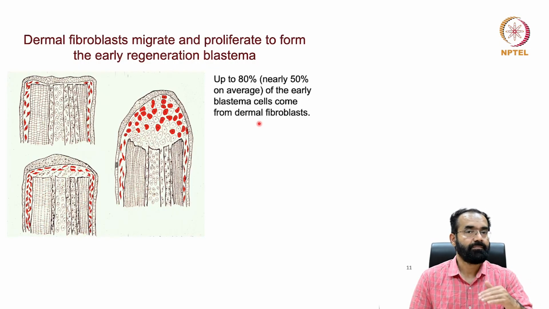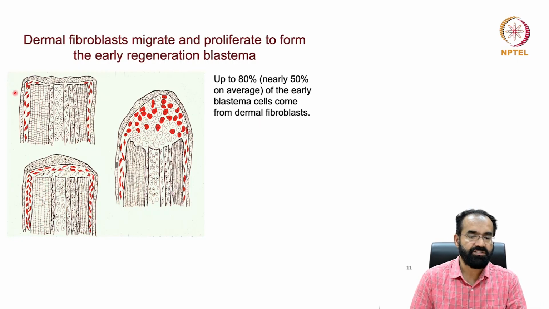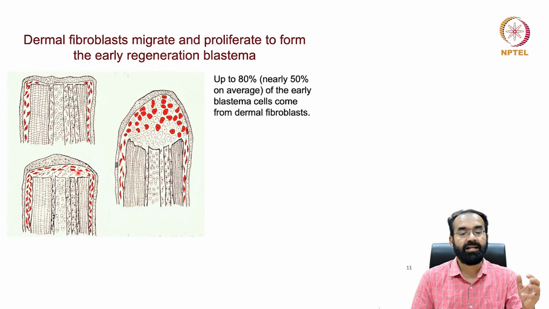So epidermis is the skin, and below is the dermis. You can see here this is epidermis, this is dermis, and the dermal fibroblast and epidermis are forming a cap. The apical ectodermal cap is being formed, and these dermal cells migrate into the wound site, and they are the actual source. People have shown this by a staining approach.